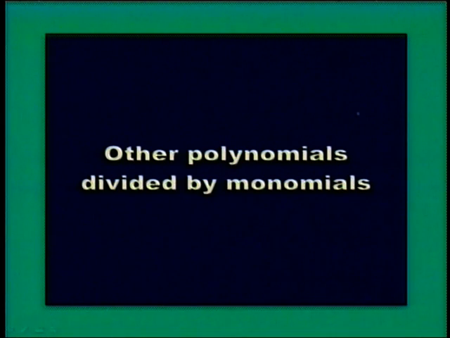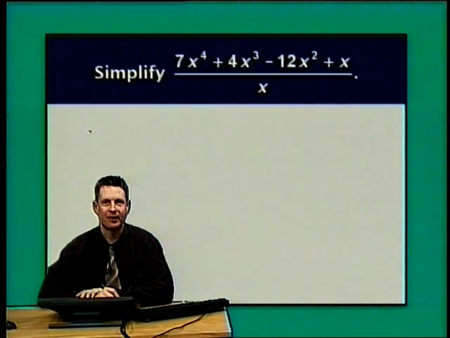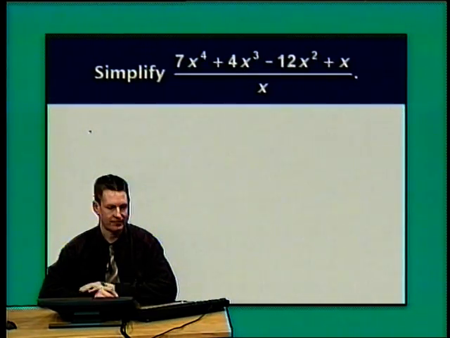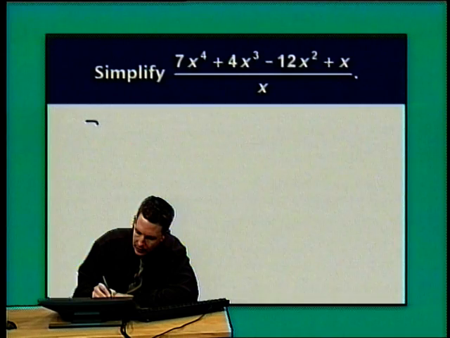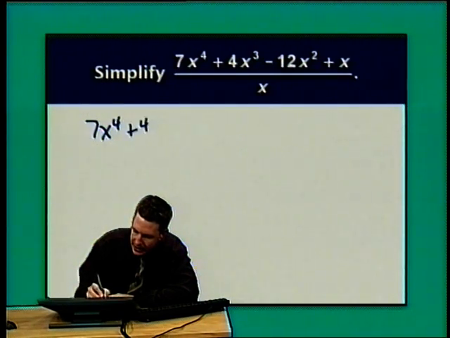Now let's talk about dividing polynomials with more than one term by monomials. Let's simplify 7x to the fourth plus 4x cubed minus 12x squared plus x, divided by x. So we'll begin by writing down our original problem.